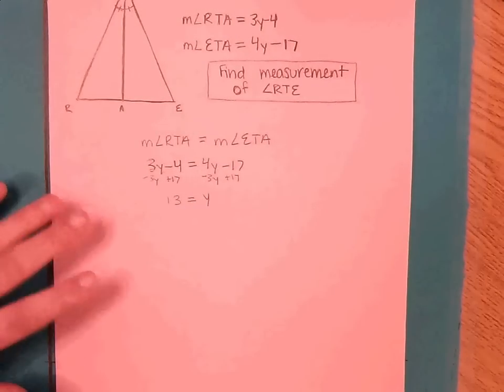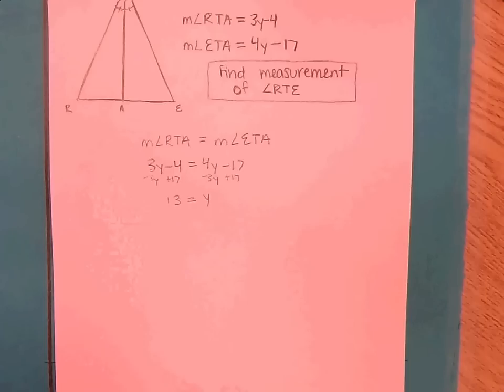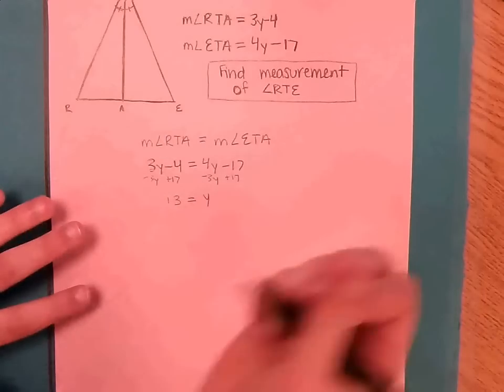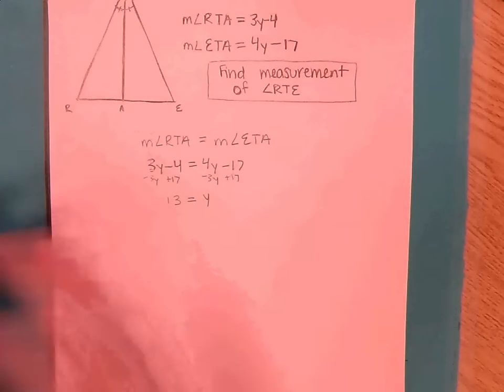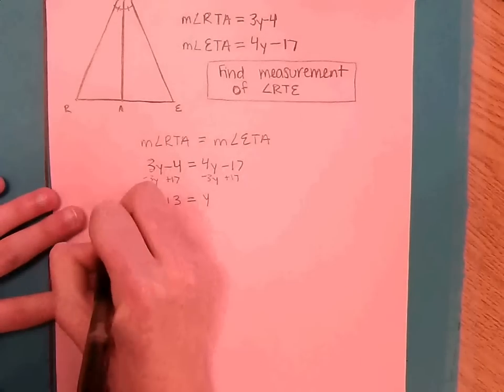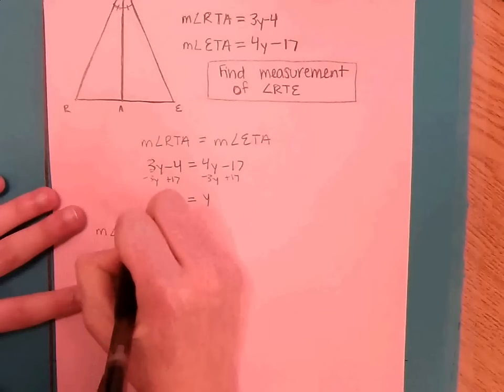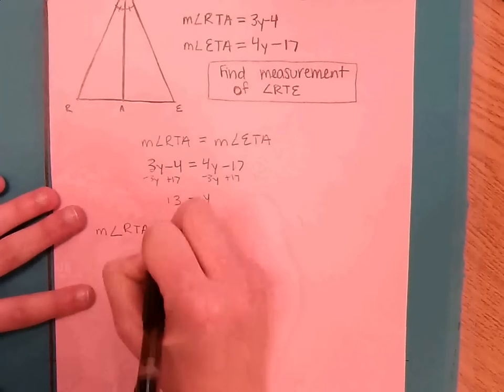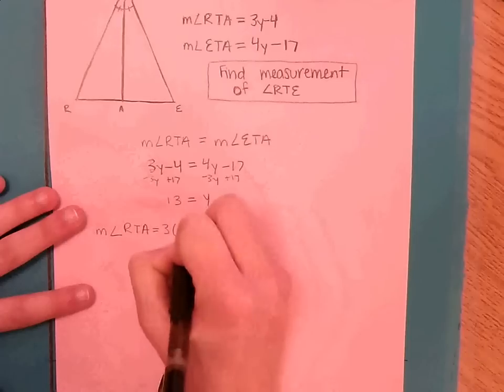Now you're going to plug it back in to both measurements. We're going to get the degrees for both angles, and then we can add those degrees together to get the measurement of the entire angle. So the measure of angle RTA equals 3 times y, and your y is 13.